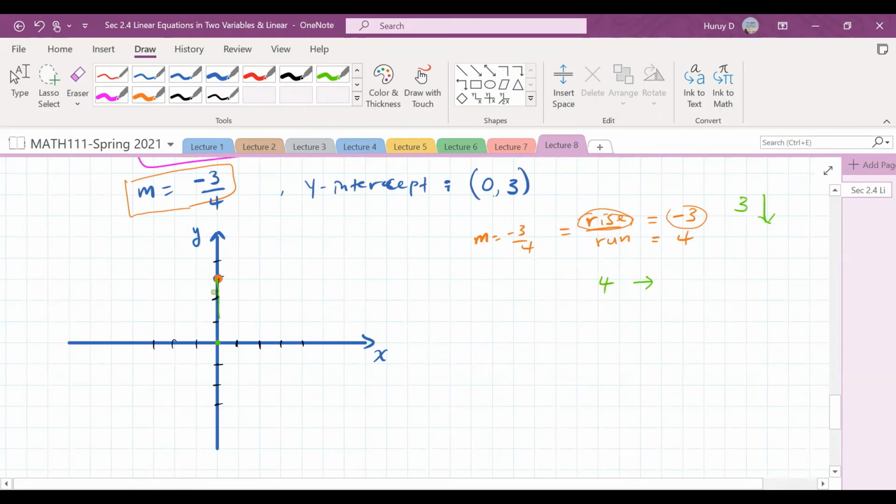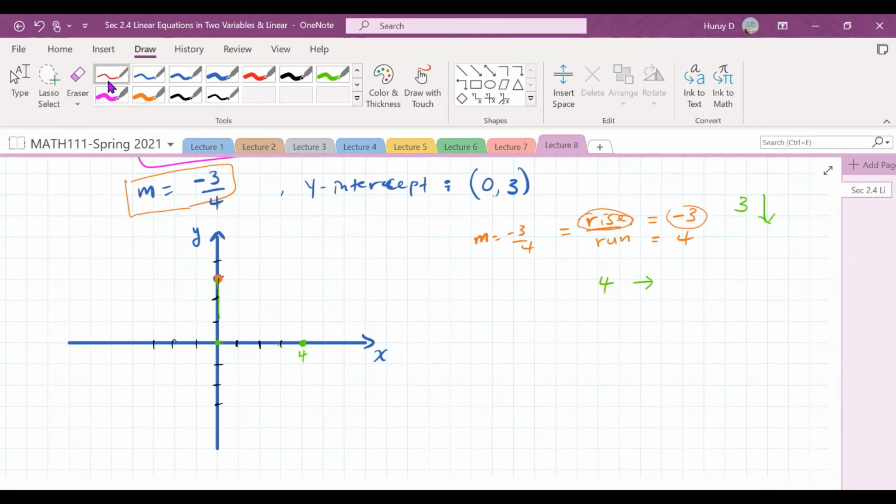We came 3 downward, and now we go 4 to the right: 1, 2, 3, 4. We are right here. Therefore this is another point that the line touches.